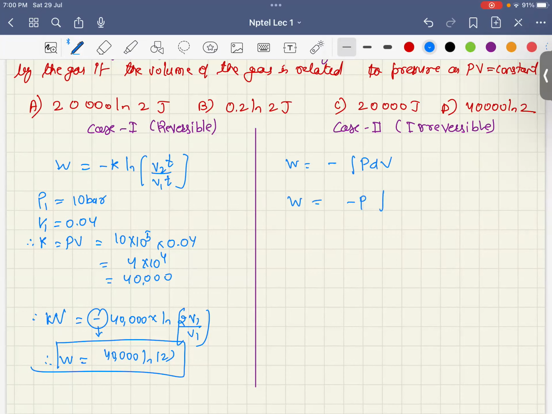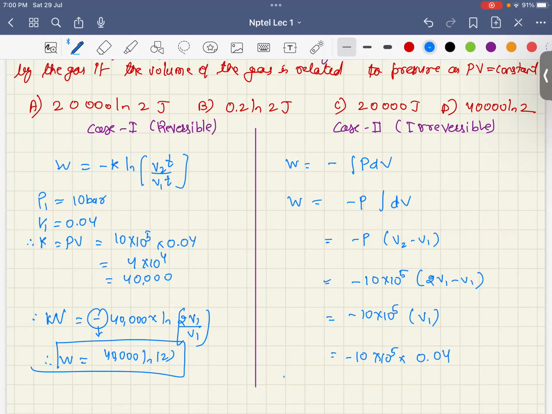As the pressure is suddenly reduced, dV, which is minus P (V2 minus V1), which is nothing but minus 10 raised to power 5 multiplied by (2V1 minus V1), which is minus 10 raised to power 5 multiplied by V1, which is nothing but minus 10 raised to power 5 multiplied by volume, 0.04, right? Therefore, in that case, work done is going to be 40,000, right? For this, the correct answer is going to be 40,000, right?